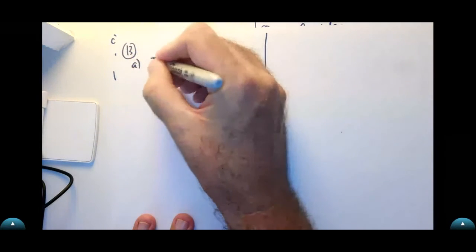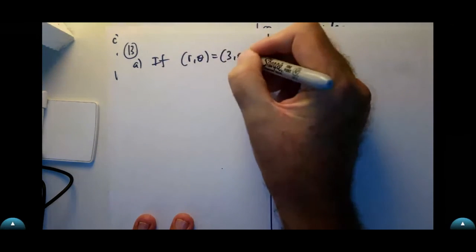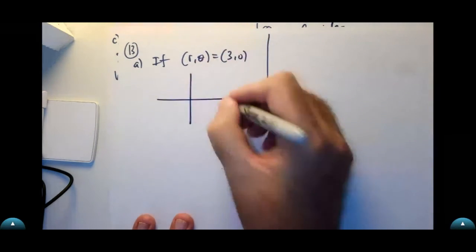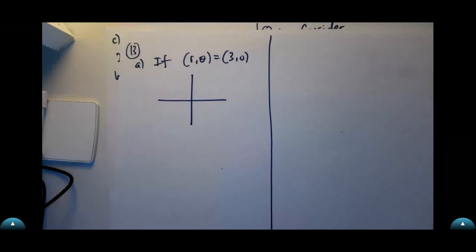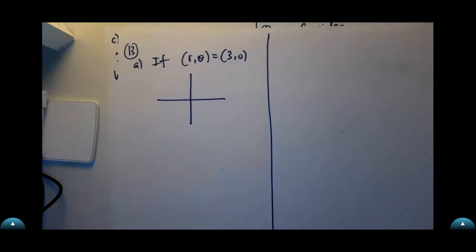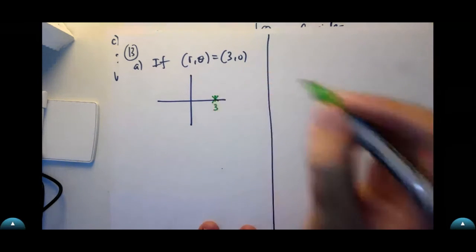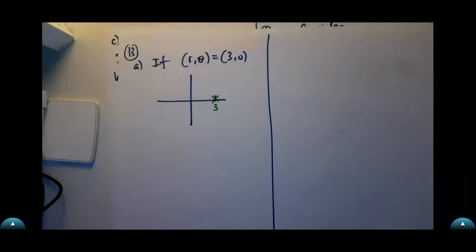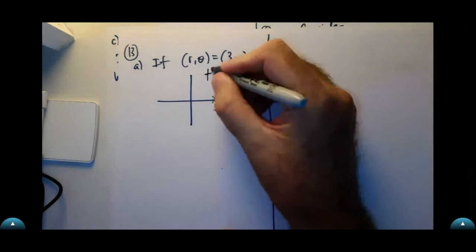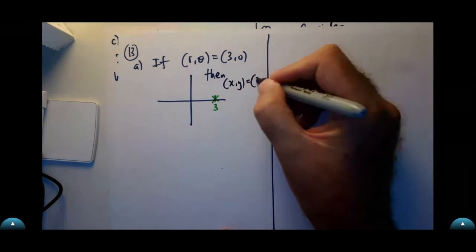If r, theta equals 3, 0, well, we want to be 3 units away from the origin and no rotation. So if I was drawing this, that's where my point would be. Right there. That was easy, wasn't it?